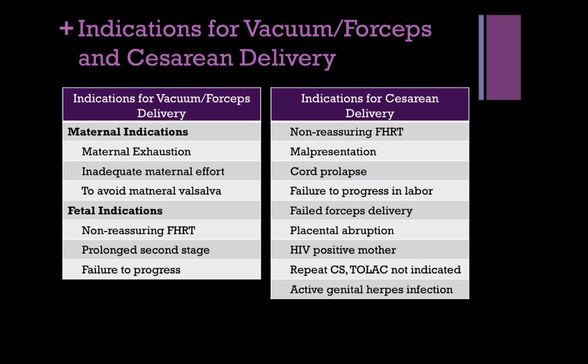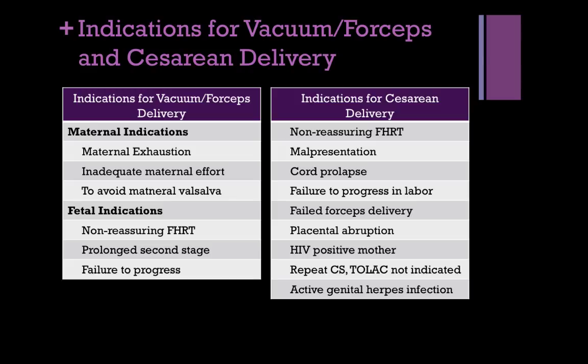So now, why would you need to use forceps or C-section delivery? Forceps or vacuum-assisted delivery basically helps move along a labor that might not have been progressing otherwise. This can be due to maternal exhaustion. She's just been pushing for hours. She can't give her full effort anymore. Inadequate maternal effort, for example, I had a Charcot-Marie-Tooth patient who just didn't have good lower extremity muscle strength and pelvic floor muscle strength, so she couldn't push well.